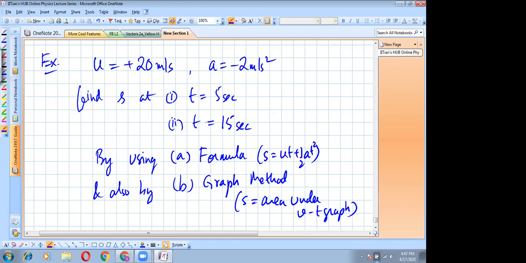Yeah, good. Aparna, your answer seems to be correct. For the first part, right, you calculated for 5 seconds. Anyone else so far?